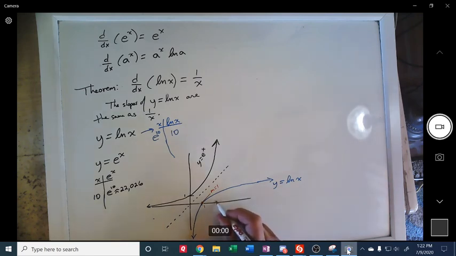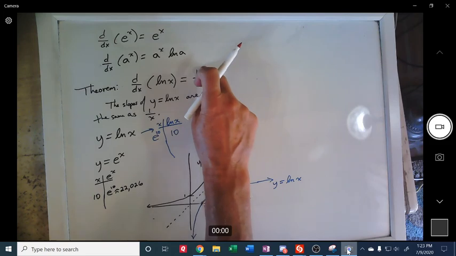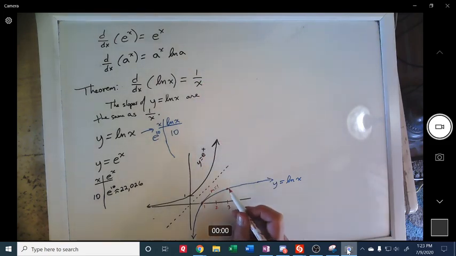Let's say we're at 3. So we go to this point. The x-coordinate of that point was 3. The slope is going to be 1 divided by 3, so it goes up 1 over 3, which is not very steep.